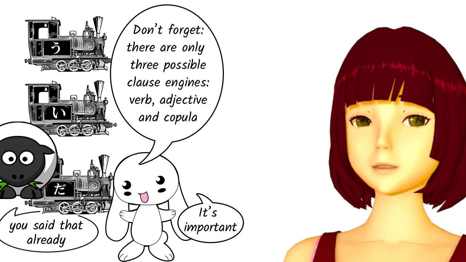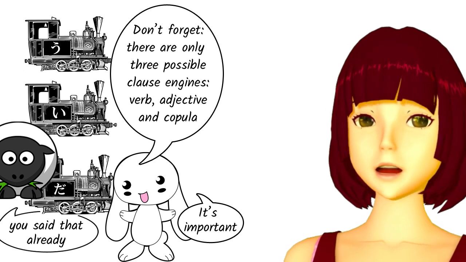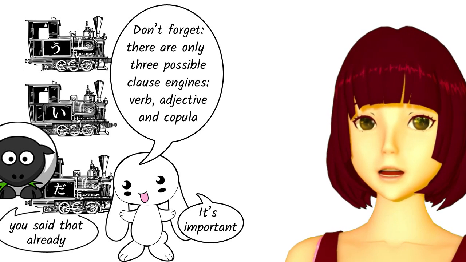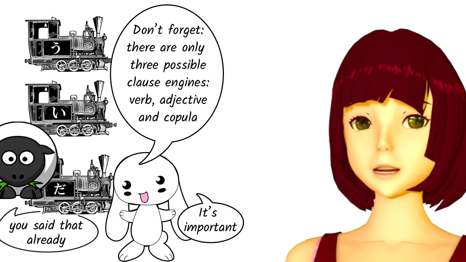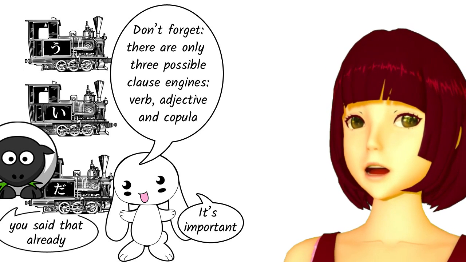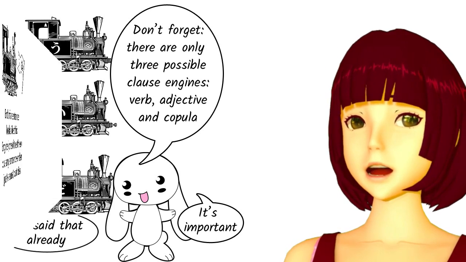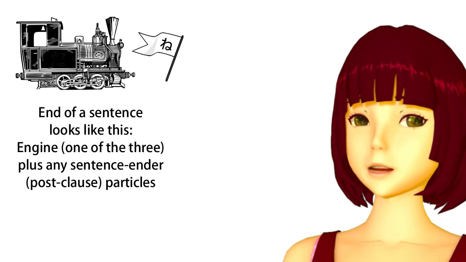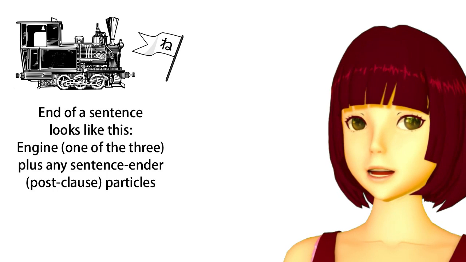That is to say, an adjective, a copula, da or des, or a verb. So the last engine in the sentence will be the end of the head clause of the sentence, the main final clause of the sentence, always.